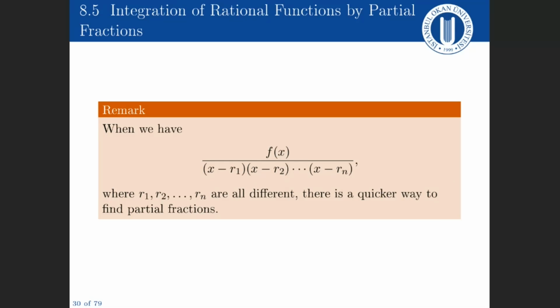Now, if we have f of x over (x - r1)(x - r2) etc. (x - rn), where all of these numbers r1, r2 up to rn are different, then there's a quicker way to find partial fractions.